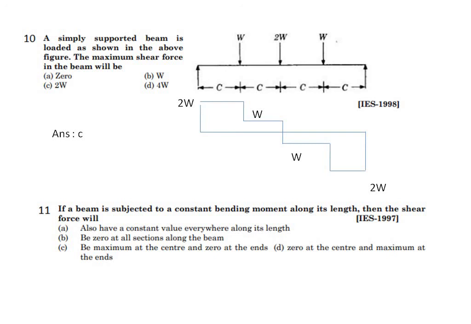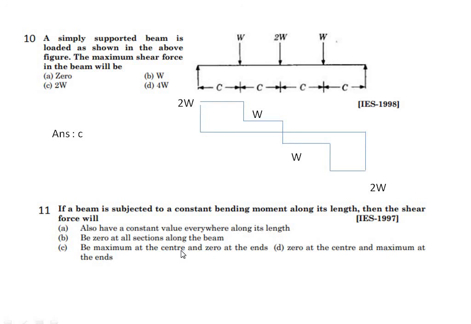For a uniformly distributed load, you have a hill-like structure in the shear force diagram, right? Linear variation to the center, and from the top at the center again linear variation to 0 at the ends. So this is a characteristic shear force diagram for a uniformly distributed load.